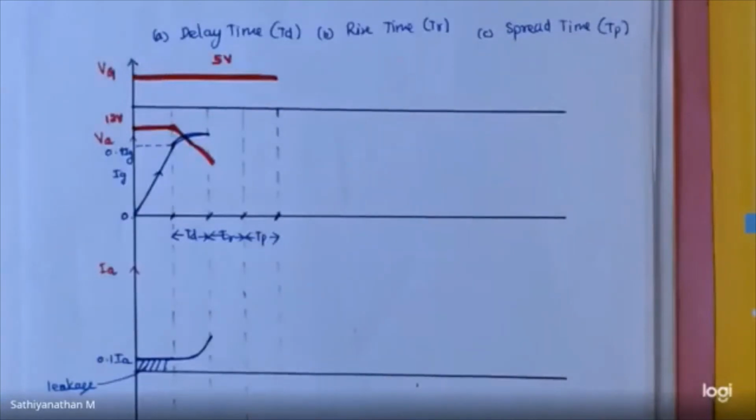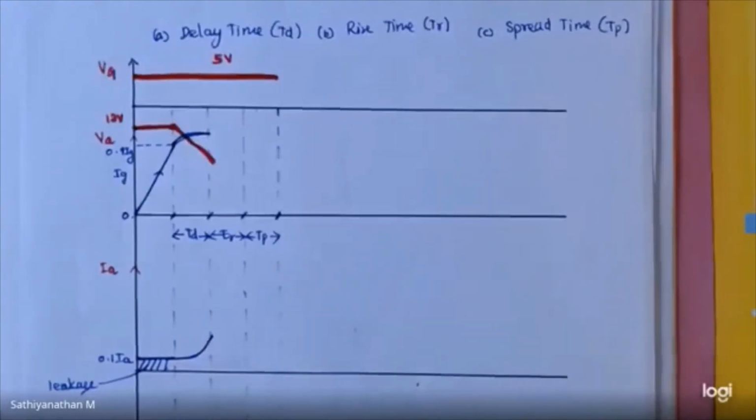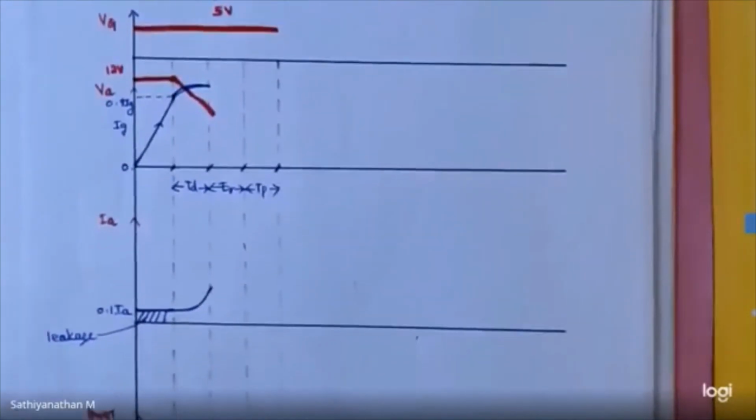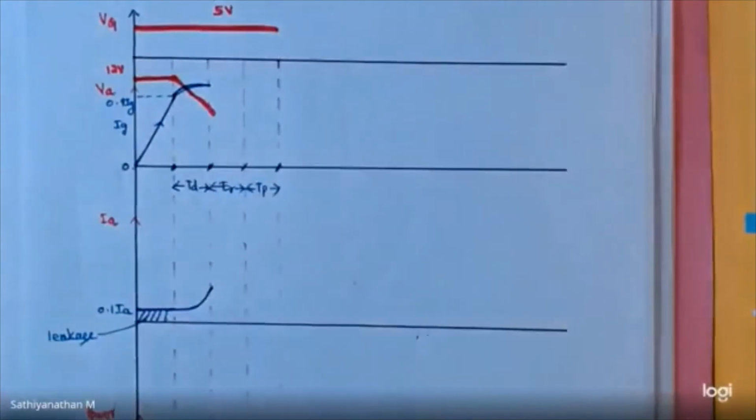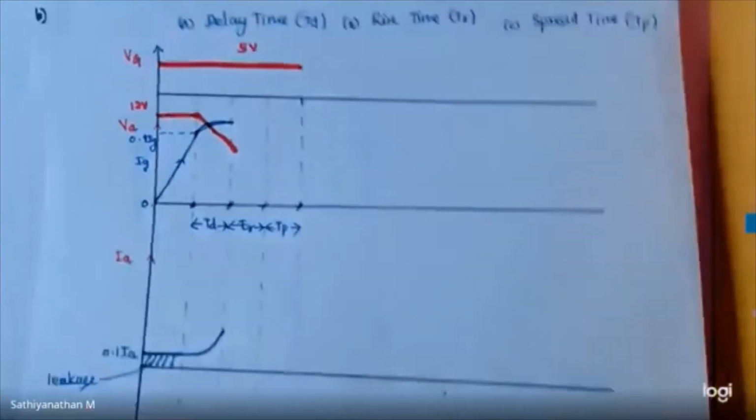And during turn on, that is transition period, how your voltage and current magnitude changes. So based on the value, we can define the delay time, rise time, and spread over time of the device. Just look at this time period alone, delay time. Now we have to define what is delay time.